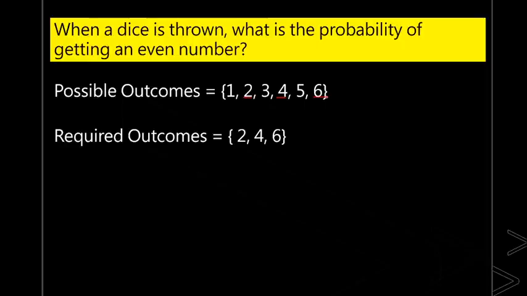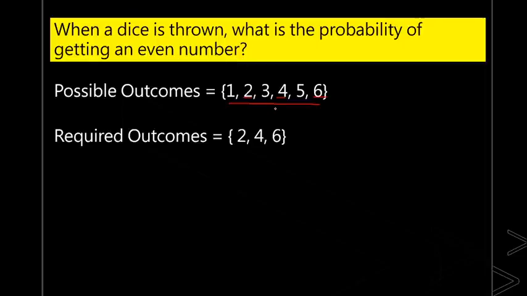To know the probability, understand this: you don't need the elements. You just need to know the count of elements. For example, here 1, 2, 3, 4, 5, 6 means I have 6 elements. It doesn't matter what value you have here. All that matters is how many values you have.